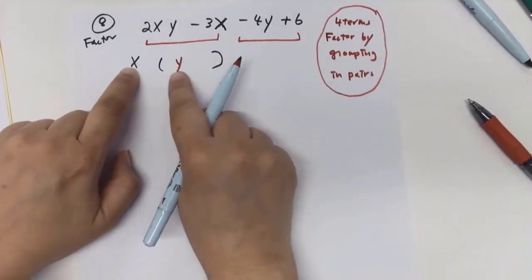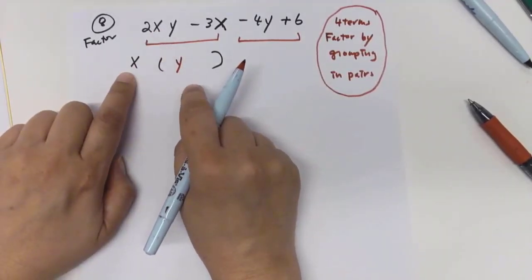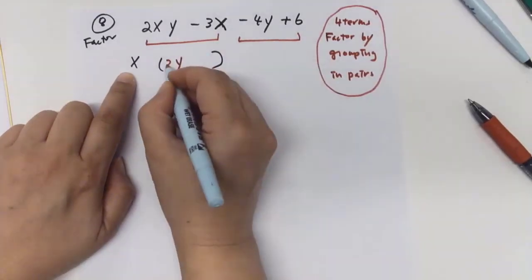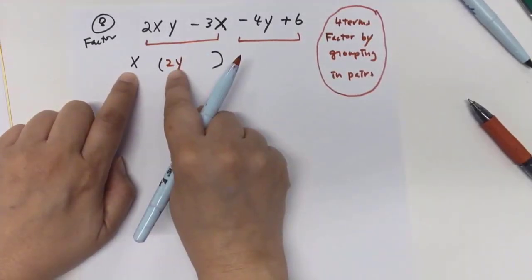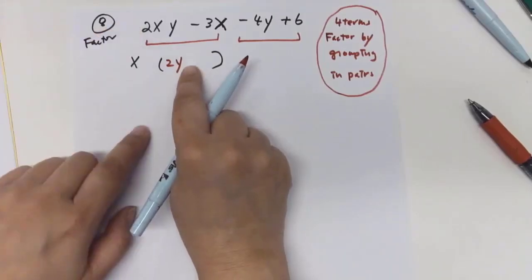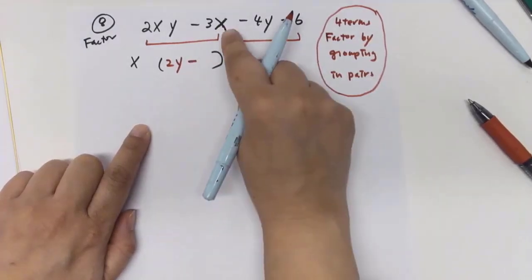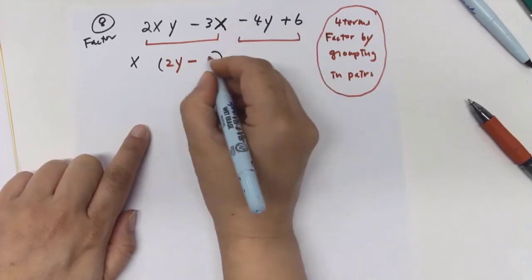Okay. X times y is just xy, it's not these two terms. So what am I missing? 2y. Okay, so we double check. 2y times x is 2xy. Okay, and then bring down the sign of what? Subtracting. So for this term, if I pull out an x, now I have 3.